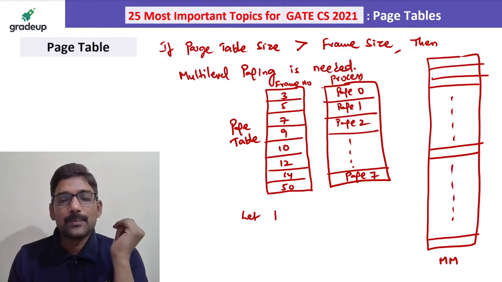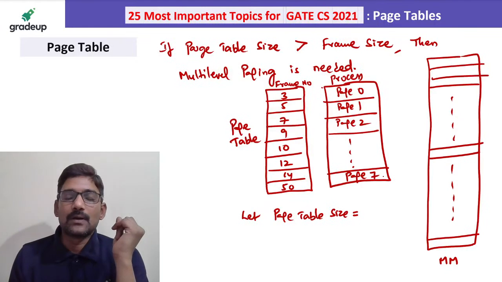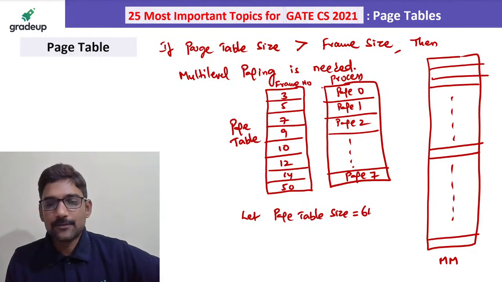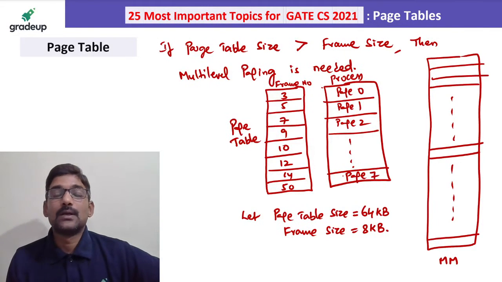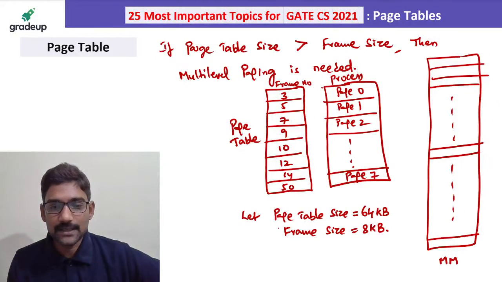Let's say the page table size is 64 kilobytes. Frame size is 8 kilobytes. Page size and frame size will be the same, guys.